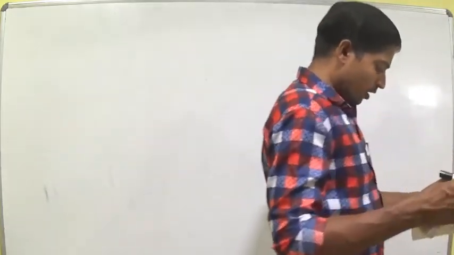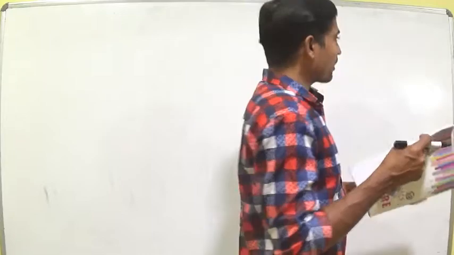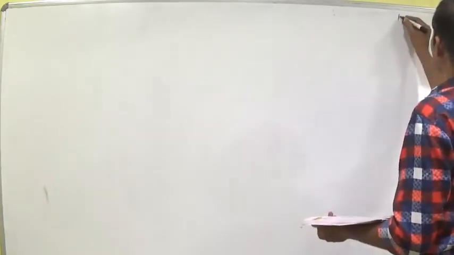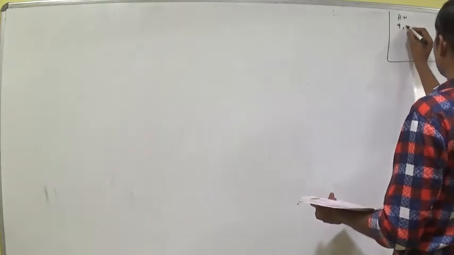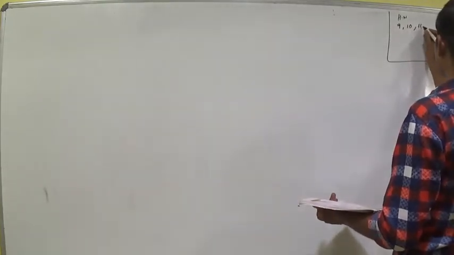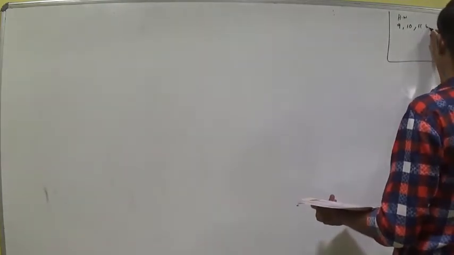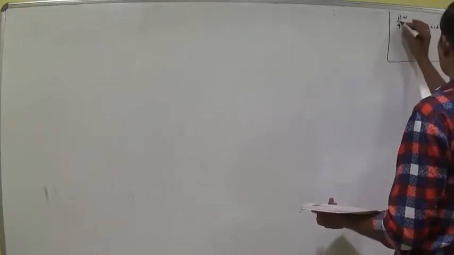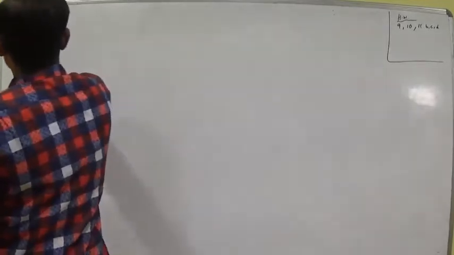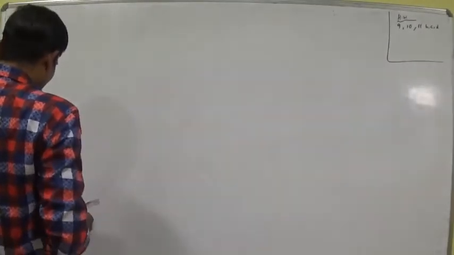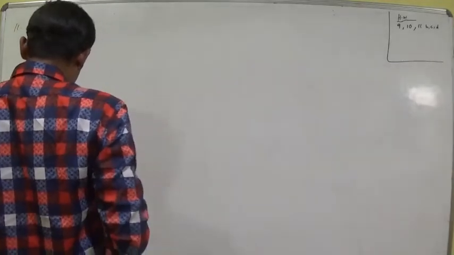And in the 10th Roman, the 9th problem and 10th problem are homework. In 11th Roman, B, C, D are homework. Now, first one. See, the equation of polar is S1 equal to 0.